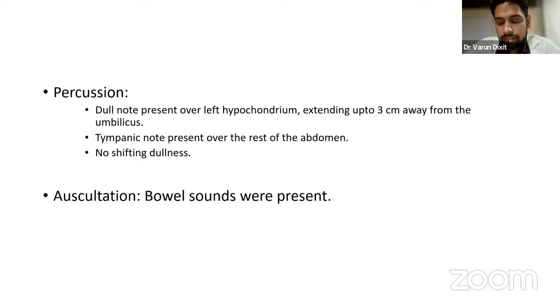So, on deep palpation of the abdomen, starting from the right iliac fossa and moving towards the left hypochondrium, I could feel a lump with a notch, which I could assume as splenic notch, and the borders were sharp. And it was moving with respiration. So I can say it is spleen, sir, splenomegaly.